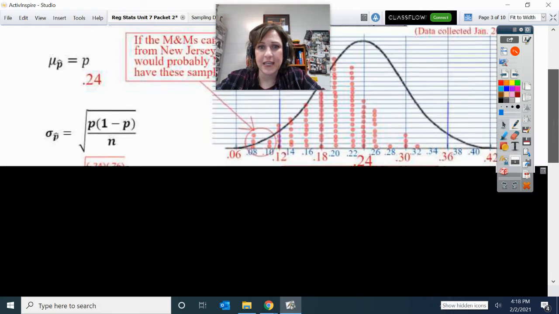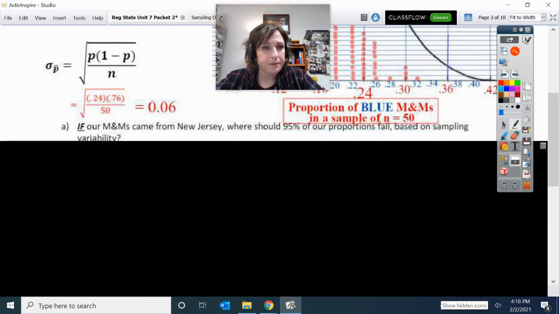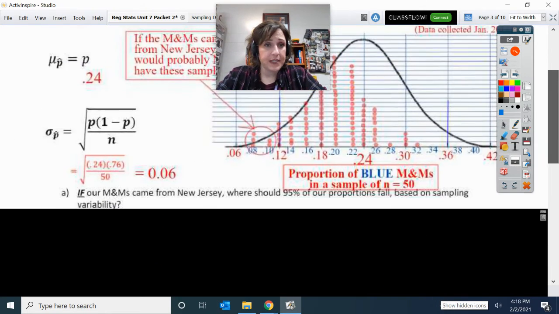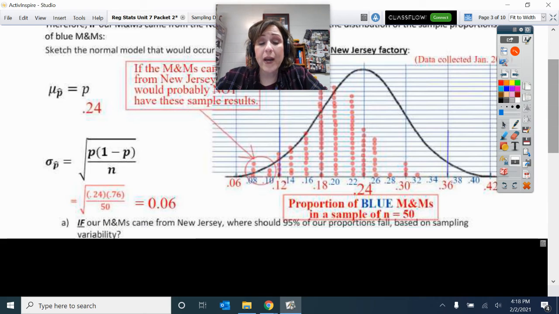So let's see what our questions are. If these M&Ms came from New Jersey, where would 95% of all the P hats of everybody's samples fall just because of sampling variability? All right, 95% should sound familiar. Within 1 standard deviation of the mean is 68. Within 2 standard deviations of the mean is 95.